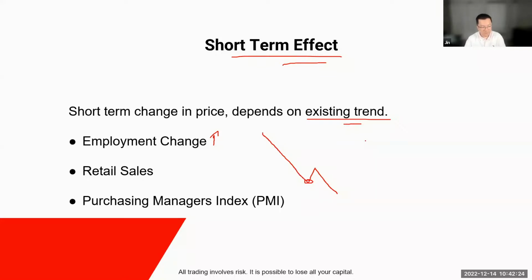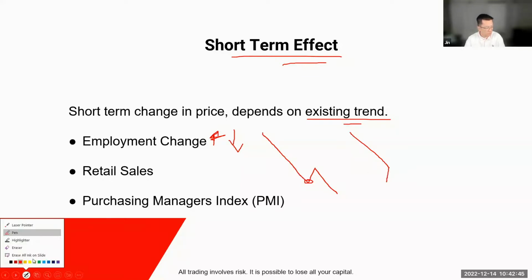However, if your pre-existing trend was towards the downside, and we have employment change numbers, in this case, not a good number, right? In fact, it's bad. Let's say more people are losing their jobs. Let's do that again.